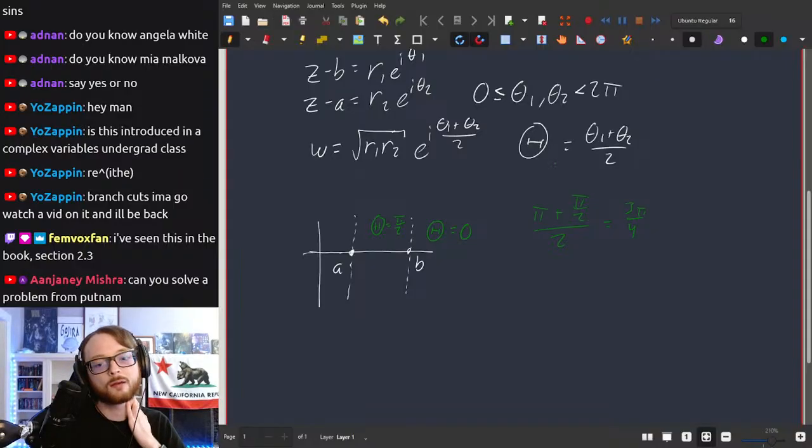But that doesn't mean it... Like, pi over 2 must happen somewhere in this interval here, I guess. I guess we're just kind of forgetting about that little bit there.